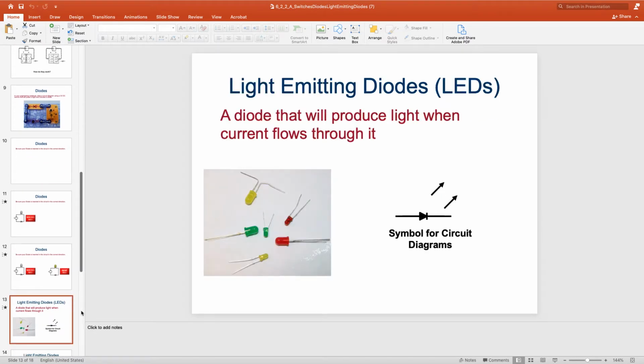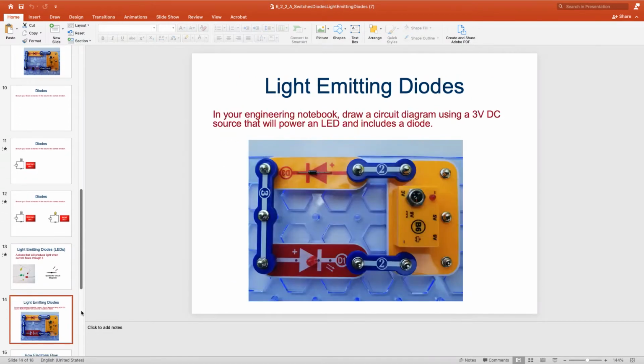Okay. These are all examples of LEDs. And this is similar to what our diagram should look like. If you notice, the symbols for your circuit diagram are right on the snap components.